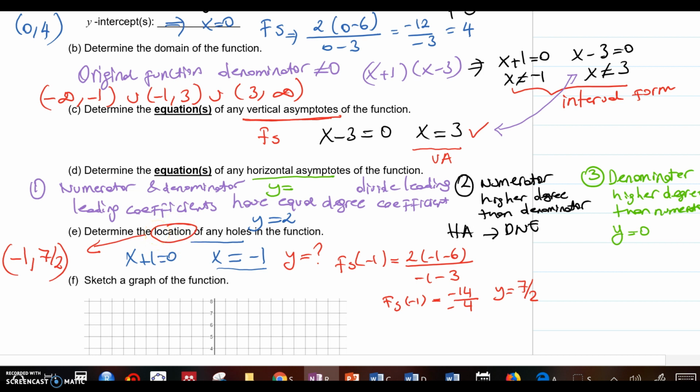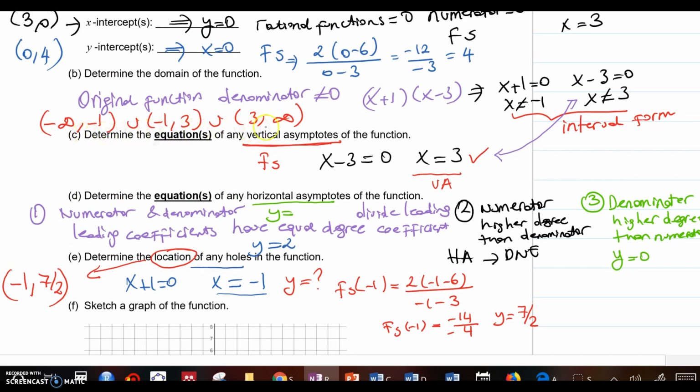And the other common mistake is with the domain. You might skip including the hole in the domain, or you might include the hole as a vertical asymptote in the vertical asymptote question. So in this question, parts B, C, and E, you need to pay close attention.